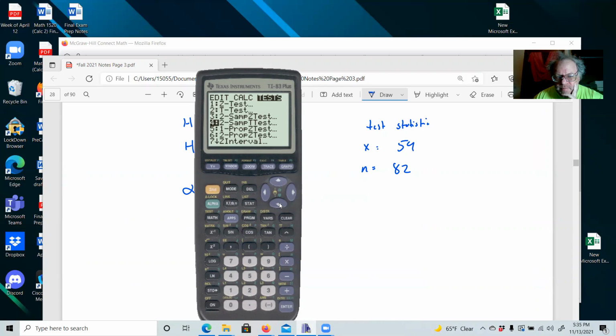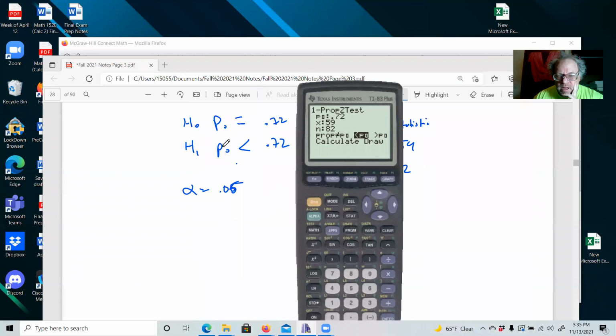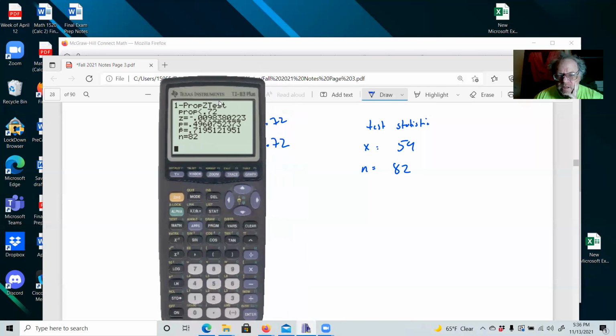And I'm also not likely to ask you a question like that. Number one is not a good question. P0 is less than, so here we are with less than. Calculate. There we go. Our Z was 0.0098.